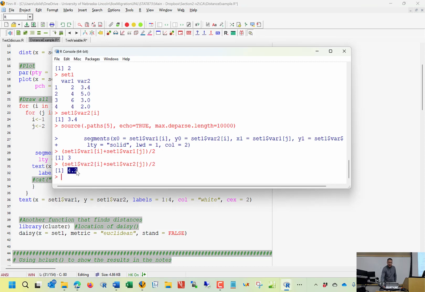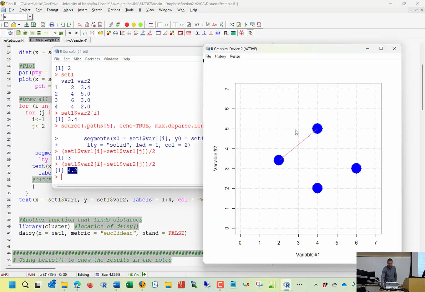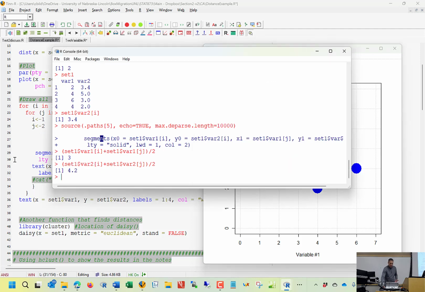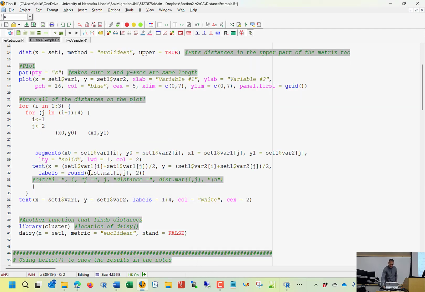So 4.2. Why am I doing this? Well, if you look at the plot, if you see where my mouse is, I should be right about here where I draw my text. What's the actual text? I want the actual numerical value. And so that's where I go into my dis.mat.